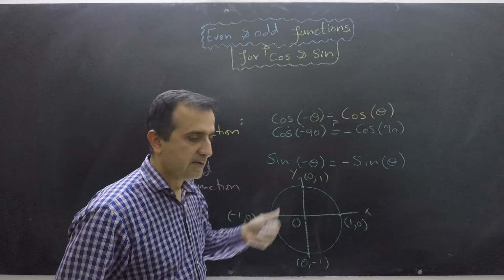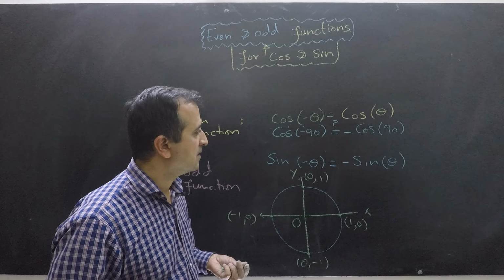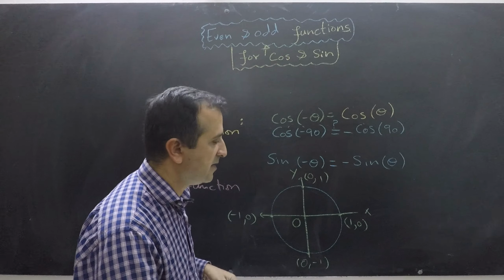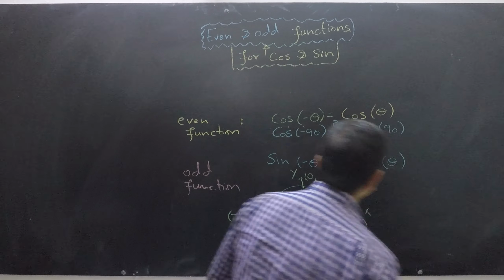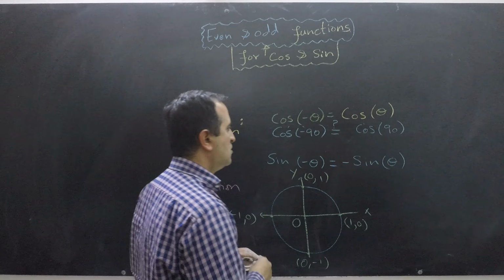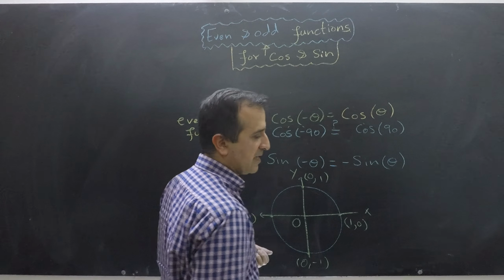Where did the minus before cos come from? You are right, this is wrong because cos is an even function. So it should be cos minus 90 equals cos 90, not minus cos 90.